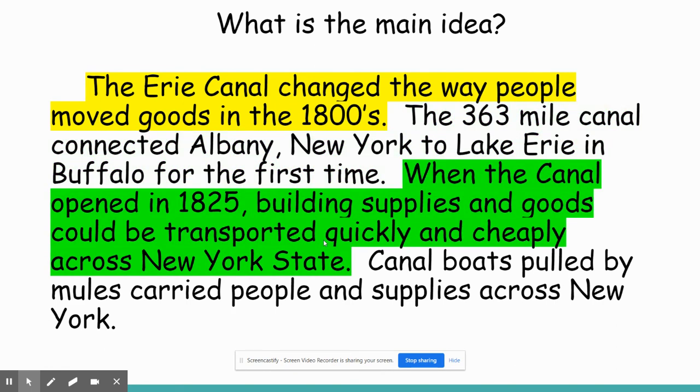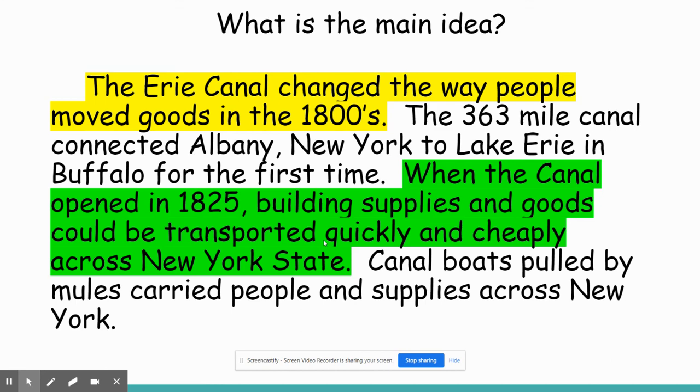When the canal opened in 1825, building supplies and goods could be transported quickly and cheaply across New York State. Does this sentence support our main idea of the Erie Canal changing the way people moved goods? Yes, it sure does. It is another detail of how it changed the way people moved goods.